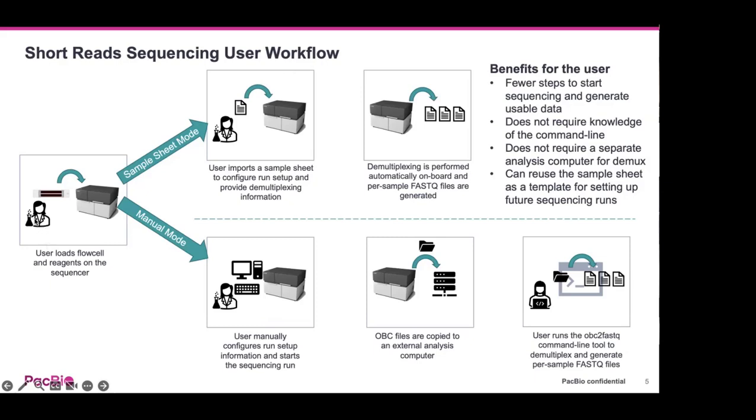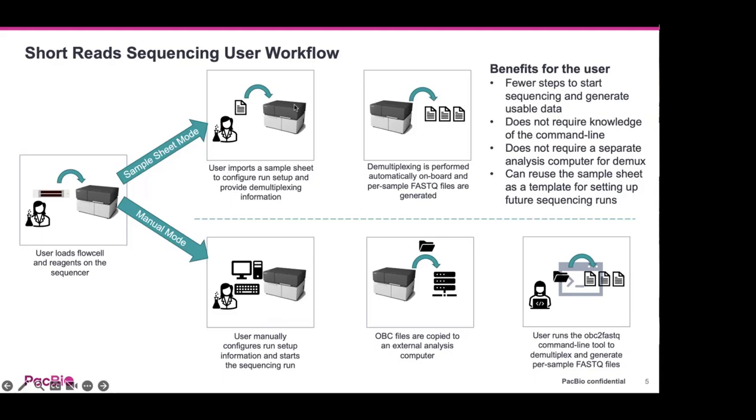In the lab, you take your flow cell that you've prepared, you load it onto the sequencing box, and then there are two modes you can run. You can go into sample sheet mode, where you provide a sample sheet file that contains all of your run settings and the demultiplexing information, like the index sequences that you've attached to each biosample. You upload that into the sequencer software along with the flow cell itself.